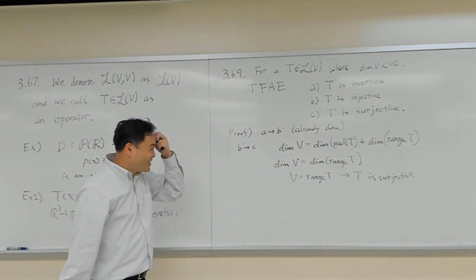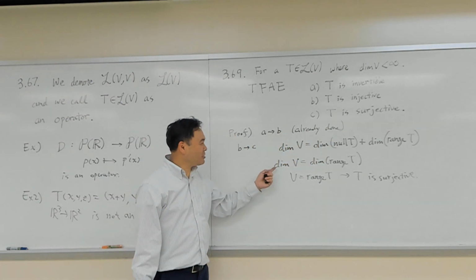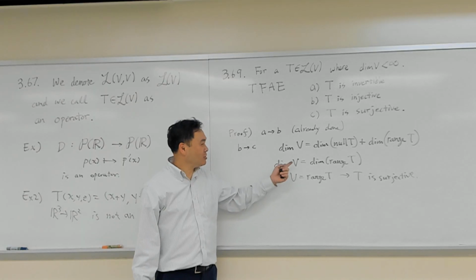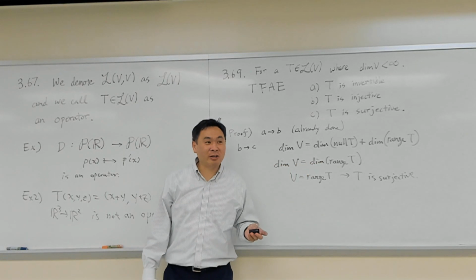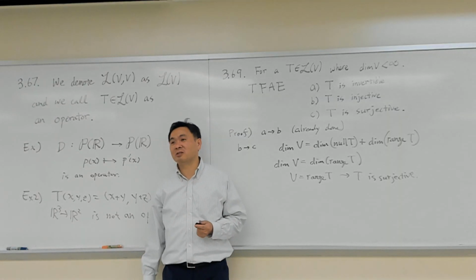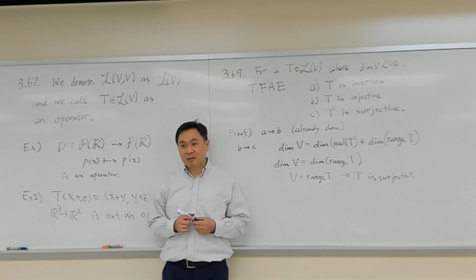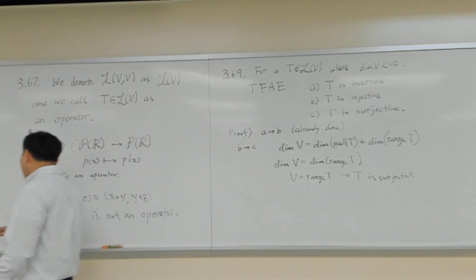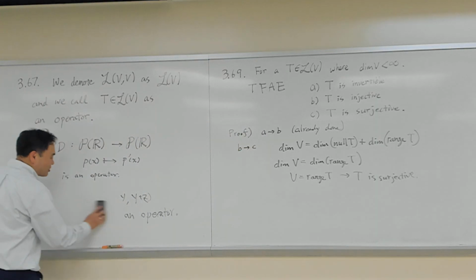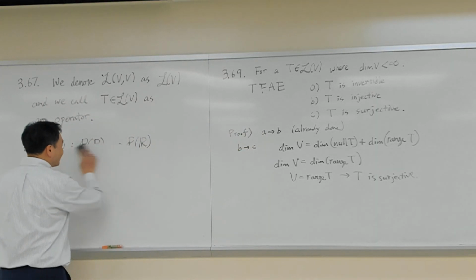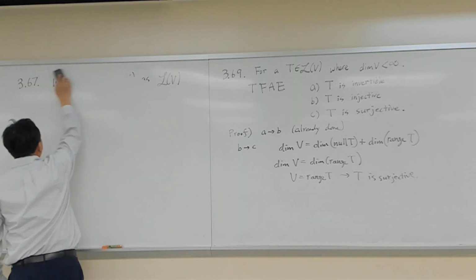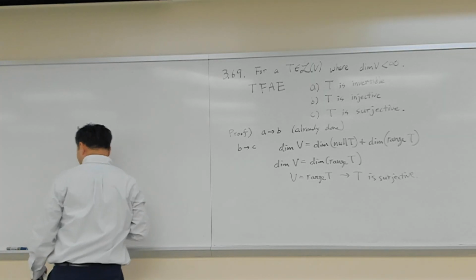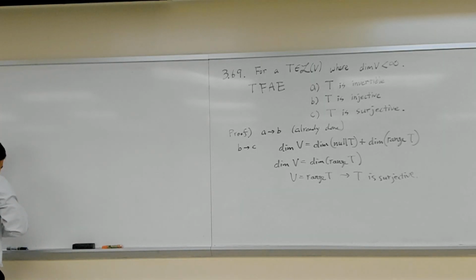Let's see. Is that true? Why is this true? If the dimension of the subspace is the same as the entire space, then they must be equal. How do you show that? I have a feeling that we may have already proven this somewhere, but since I can't recall exactly, let's just do this again. So let me write in a different color.